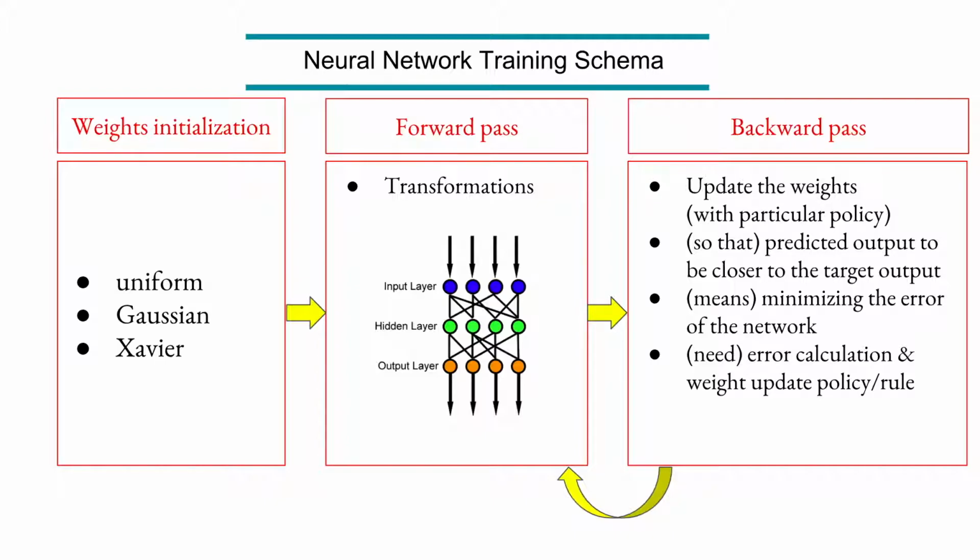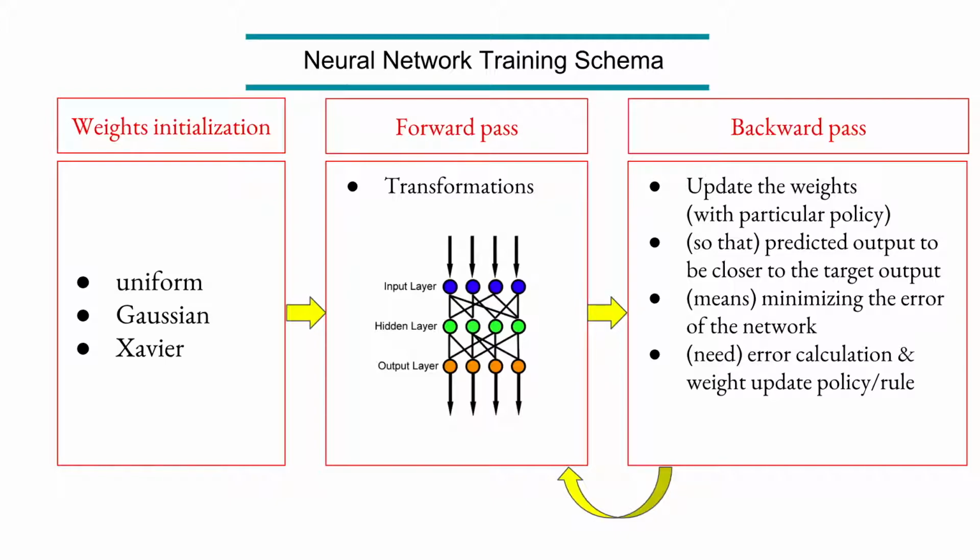These weights can be initialized by uniform distribution or Gaussian distribution, or there's another initialization method, the Xavier method, which is a kind of smarter initialization method. It calculates the number of neurons in the previous layer and initializes the weights of the next layer regarding the number of neurons in the previous layer.